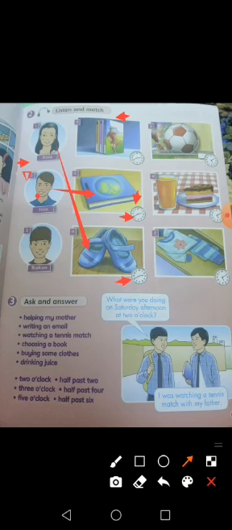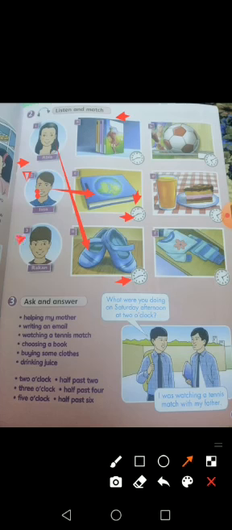I was in the bookshop with my mom. I was choosing some new books. I was choosing, okay? So we use choosing, ing. Past continuous. I was choosing some new books. So 2 with C, okay? Let us listen.